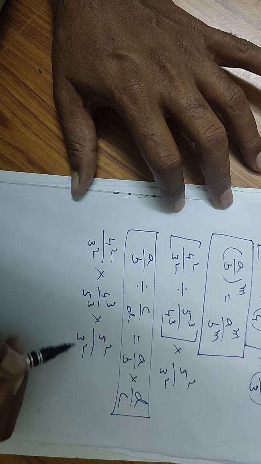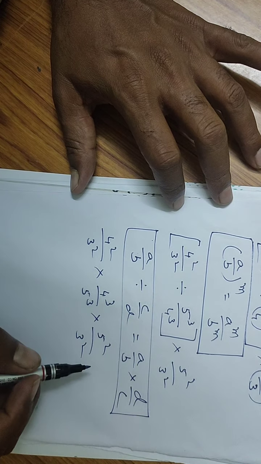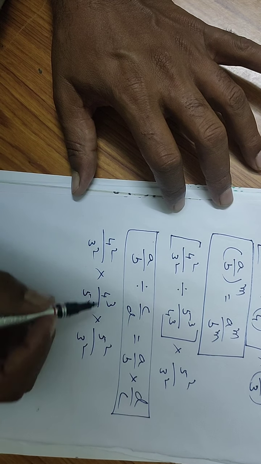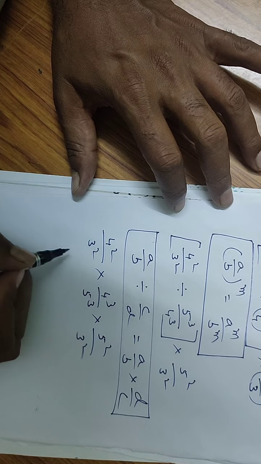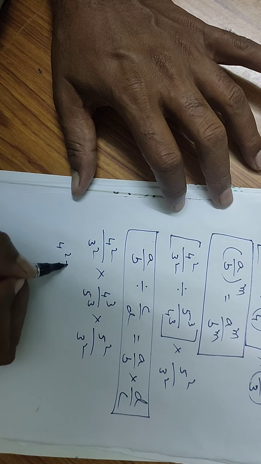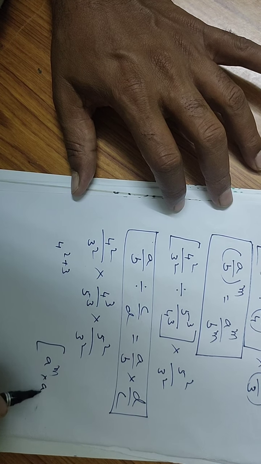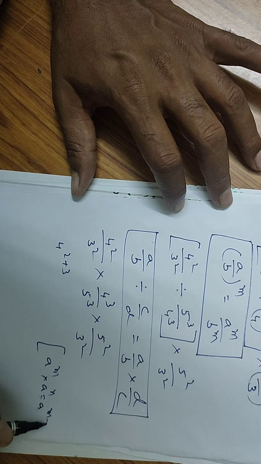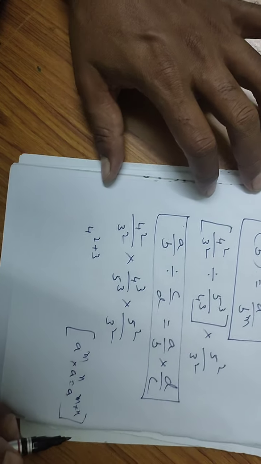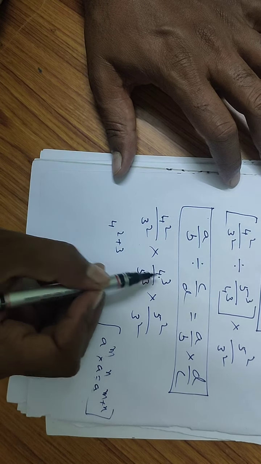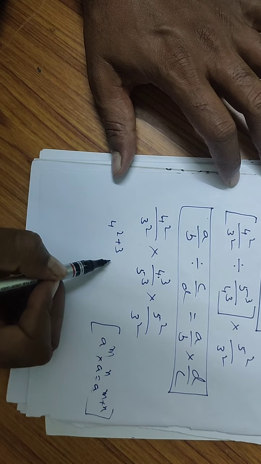Okay. Now if any cancellations are there, you have to do it. So any cancellations are there or not, see it here. 4 square 4 cube means you can write 4 power 2 plus 3. What formula used? a^m into a^n is equal to a to the power of m plus n. So this 4 square into 4 cube, if I do, I will get 4 power 2 plus 3.